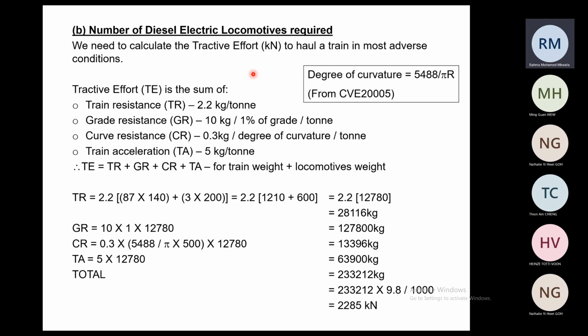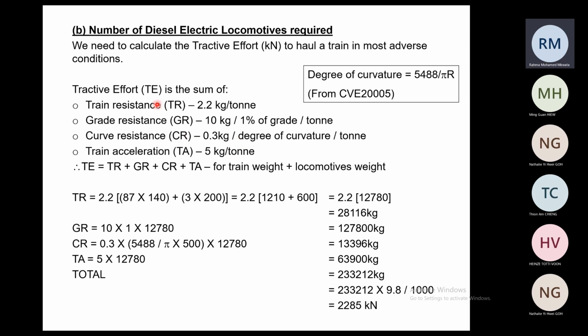Now let's move on. So the tractive effort is the sum of train resistance, which is 2.2 kilograms per ton, grade resistance, which is 10 kg for every 1% of grade per ton, curve resistance, which is 0.3 kilogram per degree of curvature per ton, and train acceleration, which is 5 kg per ton. So these are the factors that govern tractive effort.